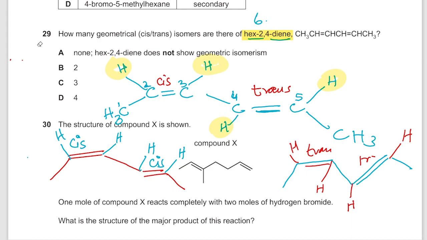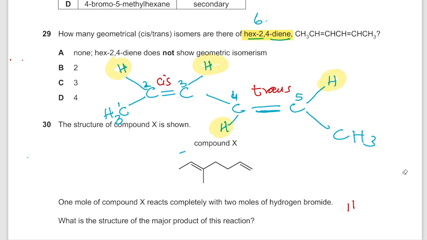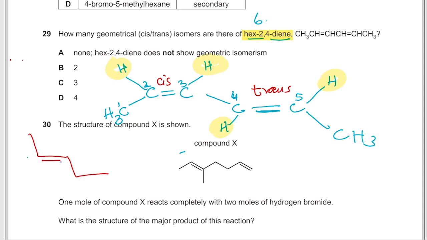Another way to sum it up, the more precise shortened way: there are 3 isomers which it will form. Look here. If the double bonds are here and here, this one is trans and trans.